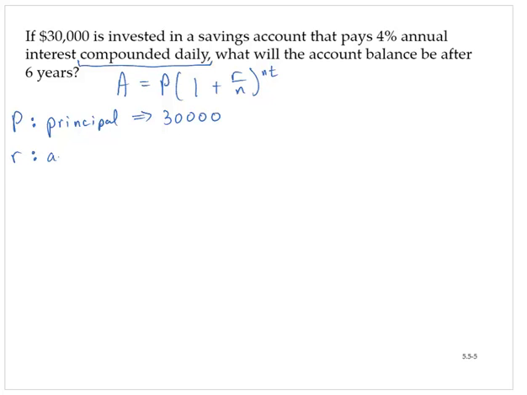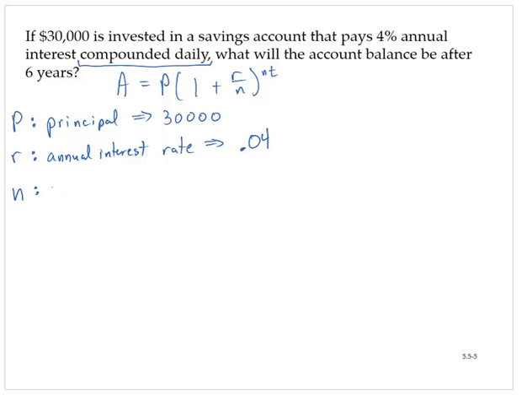R is the annual interest rate as a decimal. In this problem it's 4%, and so we would write R as 0.04.